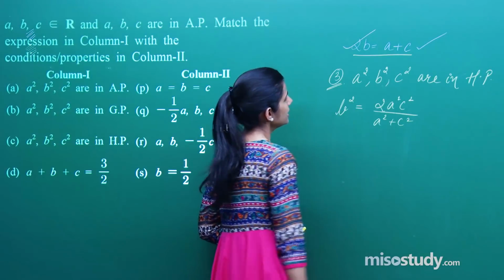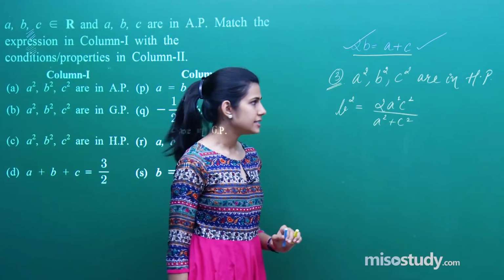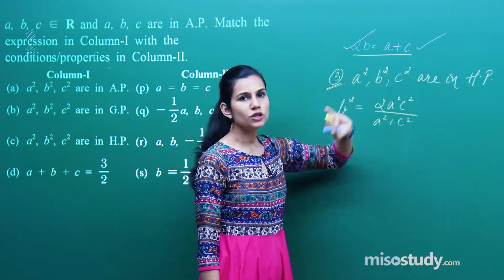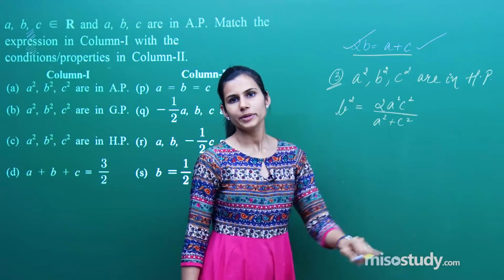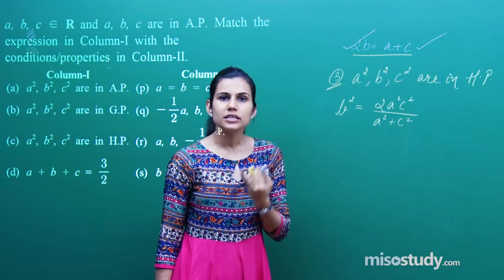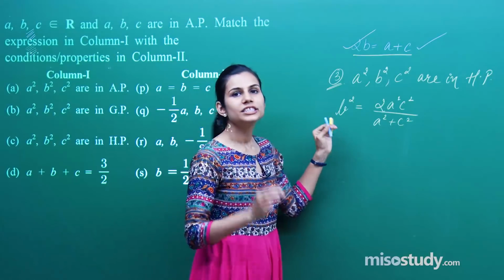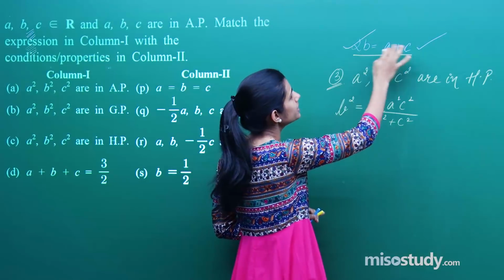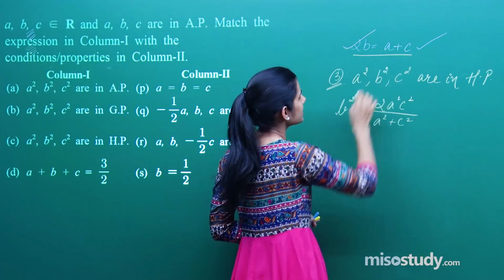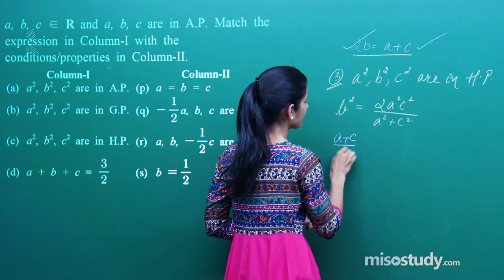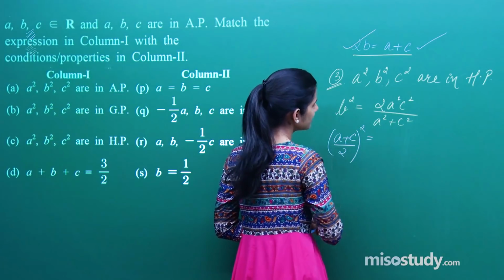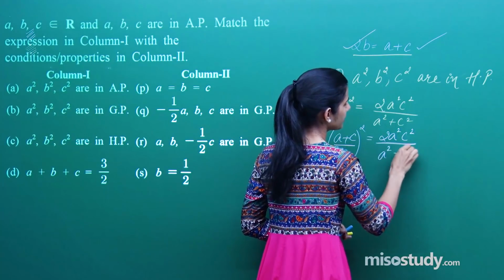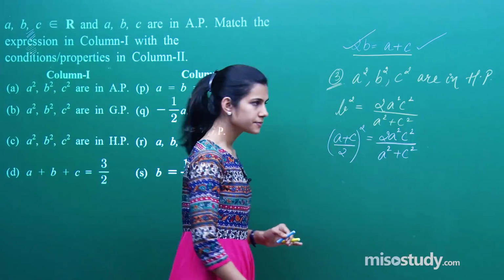Okay. Now that you have obtained this, please try to understand, if I write B in terms of A and C, my entire expression will be in terms of A and C. So it's always a good technique to reduce the number of variables or unknowns involved. Because 2B is A plus C, B can successfully be written as A plus C by 2. So you have A plus C by 2 whole square is 2A square C square upon A square plus C square.